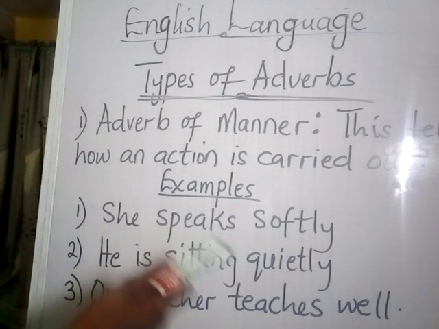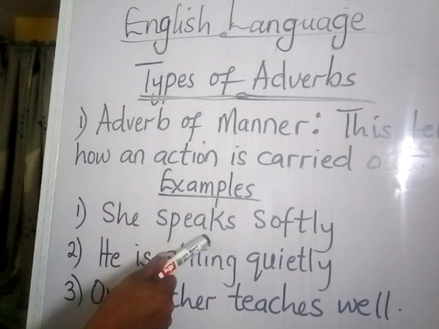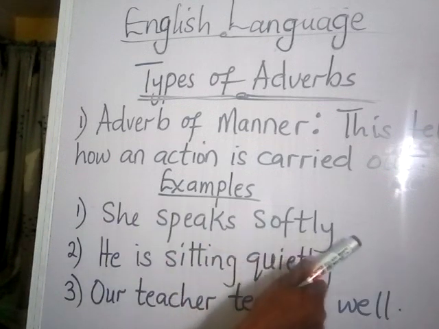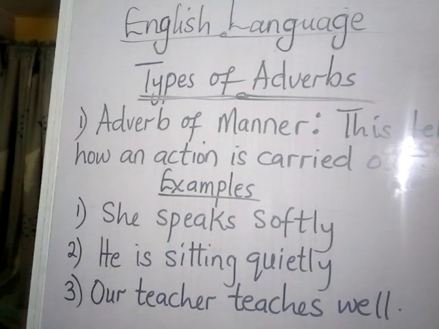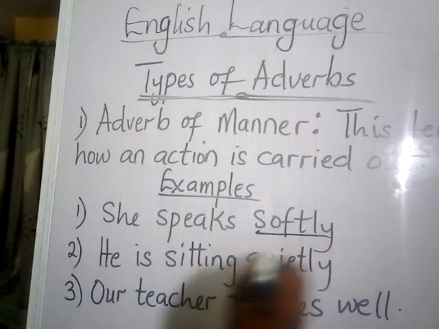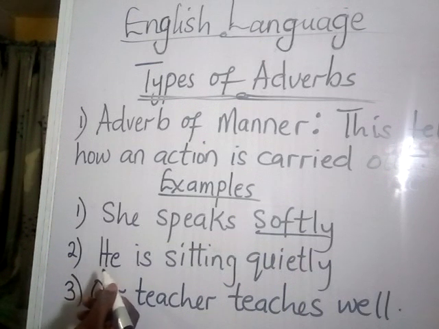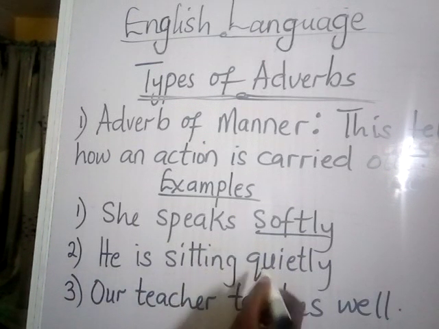So some examples here are, she speaks softly. This is the verb here. Remember, this is the action. And the softly here tells us how this action is carried out. She speaks softly.